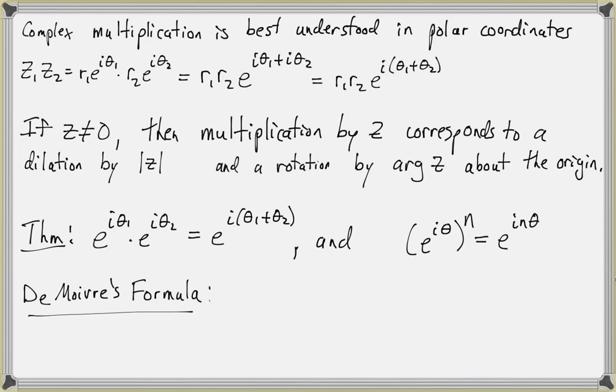And it says that cosine of theta plus i sine of theta, all raised to the power n, is equal to cosine of n theta plus i sine of n theta for any integer n.